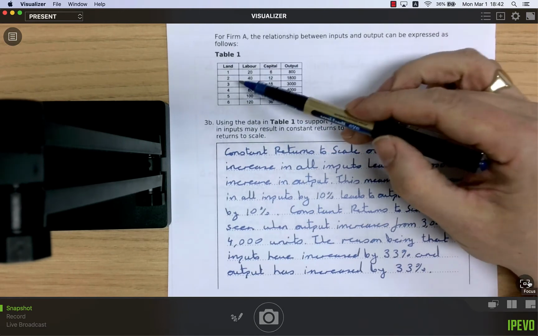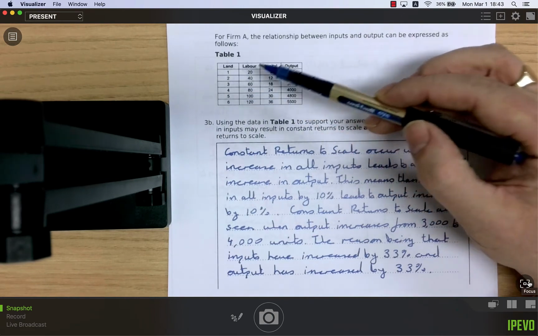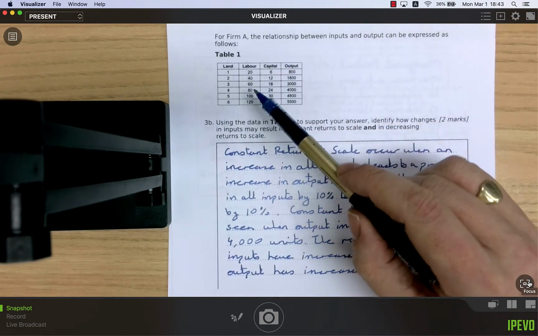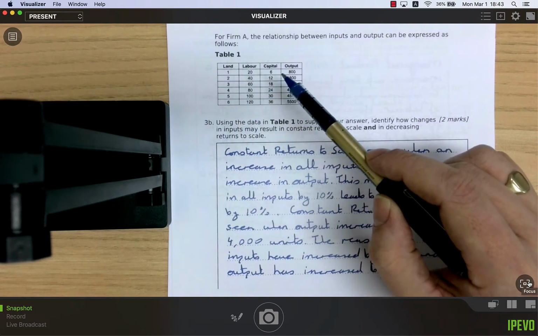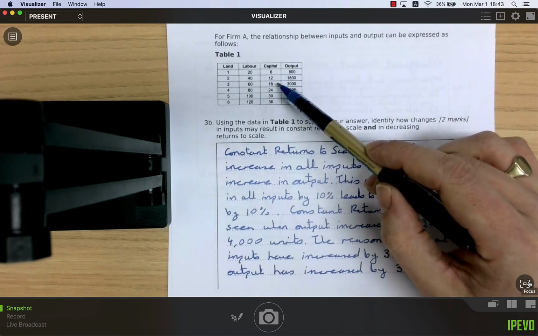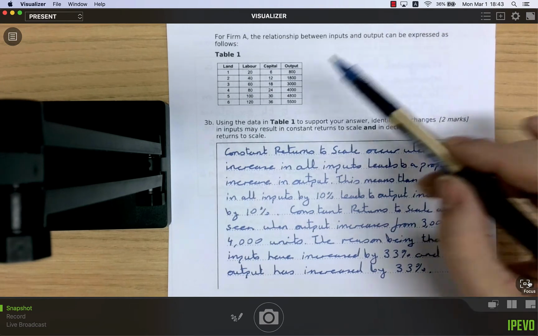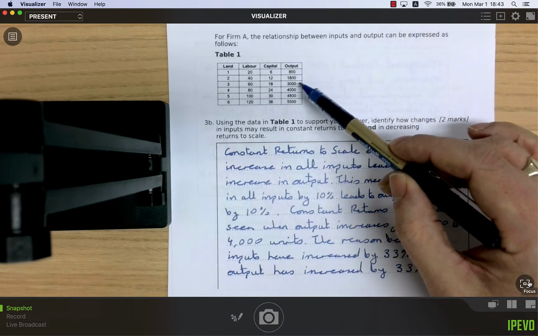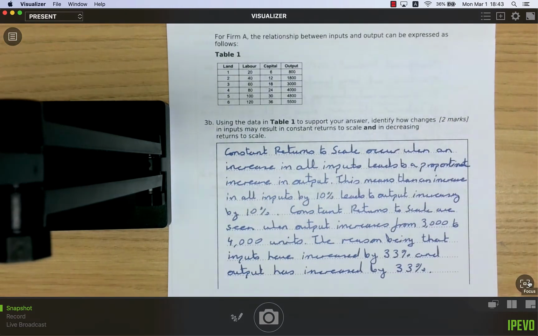Land increases from 3 to 4, that is a 33% increase. Labor increases from 60 to 80, that is a 33.33% increase. Capital increases from 18 to 24, that's a 33.33% increase. And output increases from 3,000 to 4,000, that is a 33.33% increase.